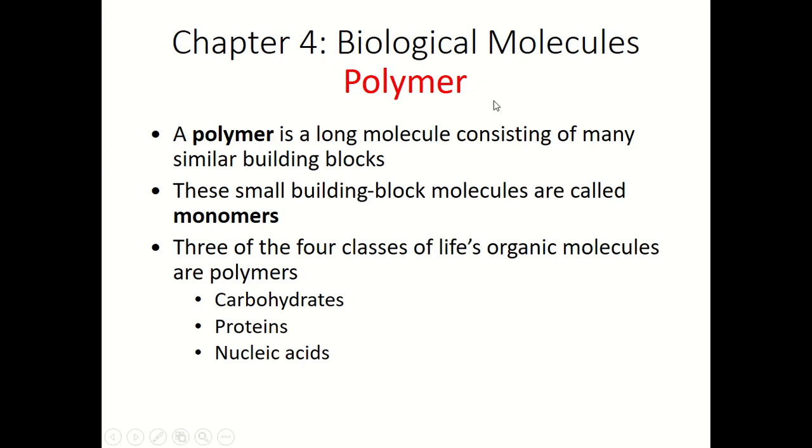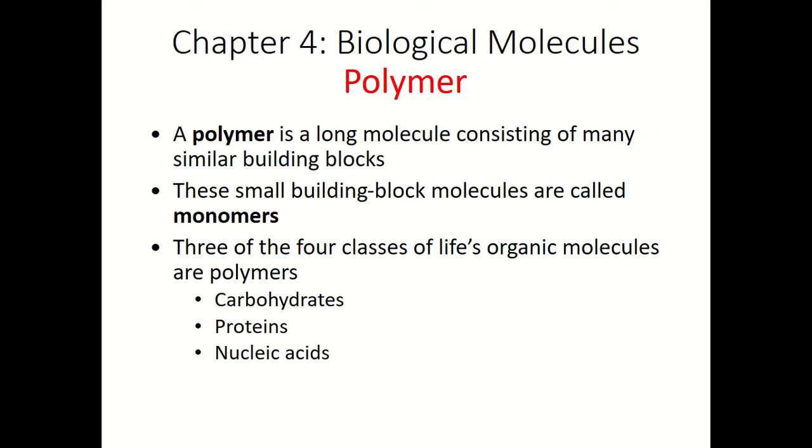So what is a polymer? A polymer is a long molecule that looks like a chain consisting of similar building blocks. This small building block is known as the monomer. For example, you have a bead necklace.